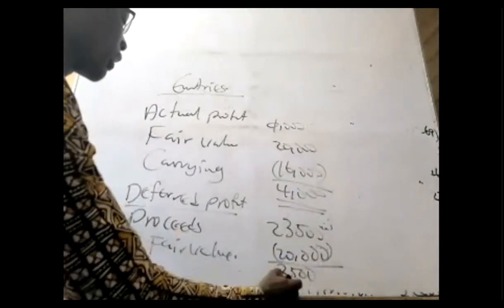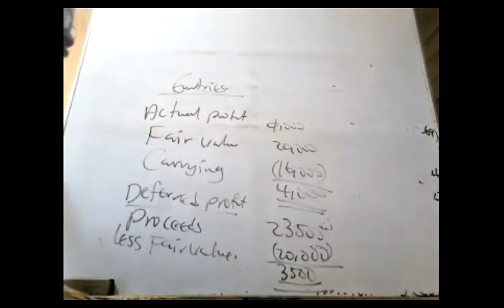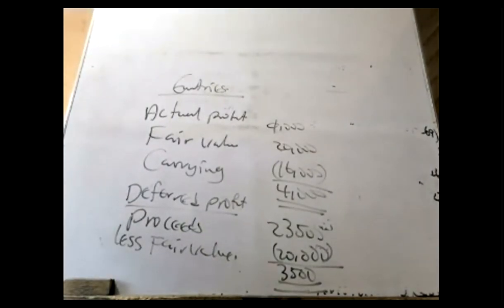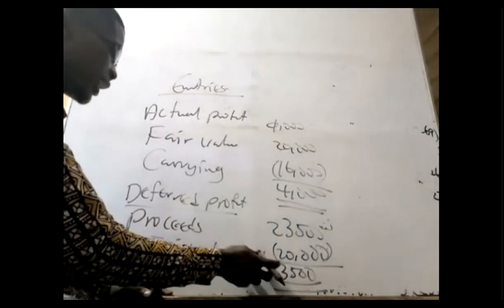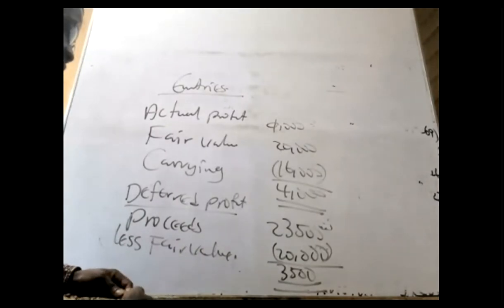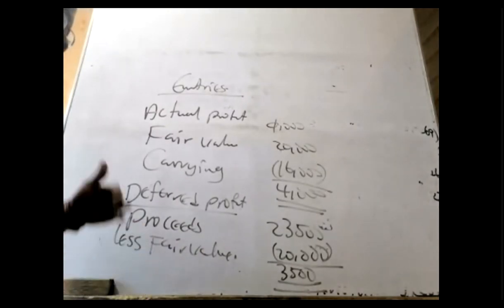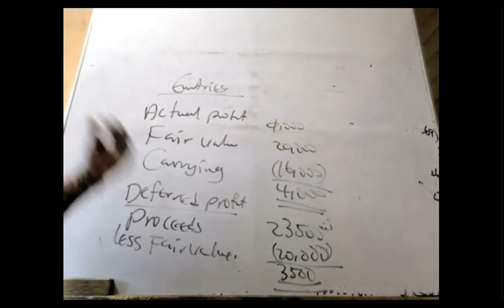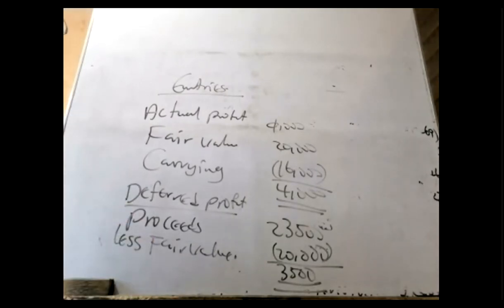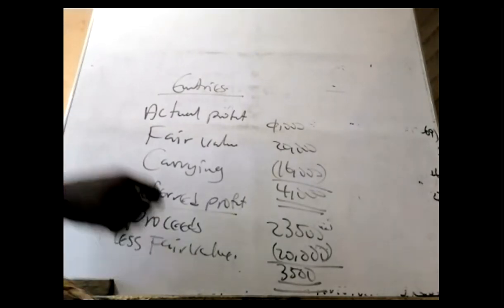This one is not realized until the asset is moved from our balance sheet, or until the lease period is over. So it is deferred, and this should be amortized over the 4-year period. Every year, a portion should be released to the income statement. Now, you know what they've done?